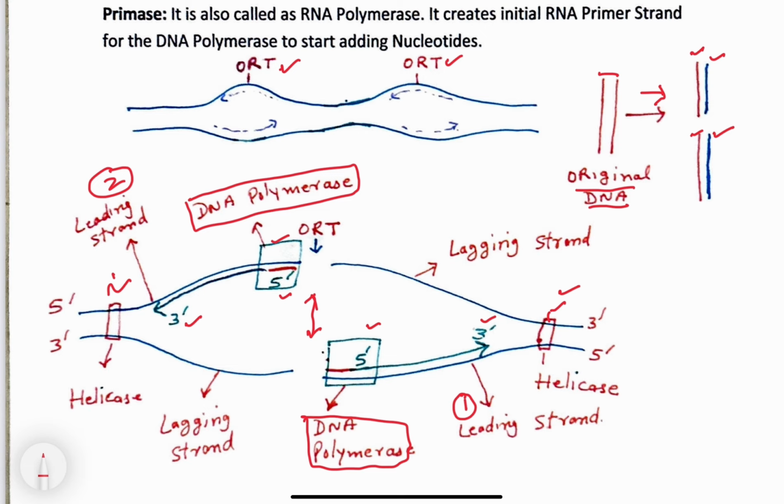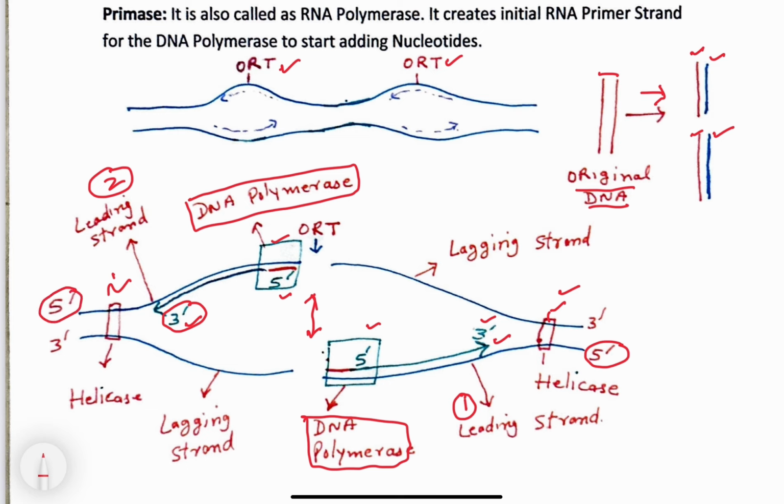See how opposite they are? Because when this replication completes, this 3 prime end would be complementary to this 5 prime. Okay, and this 3 prime end would be complementary to 5 prime end.